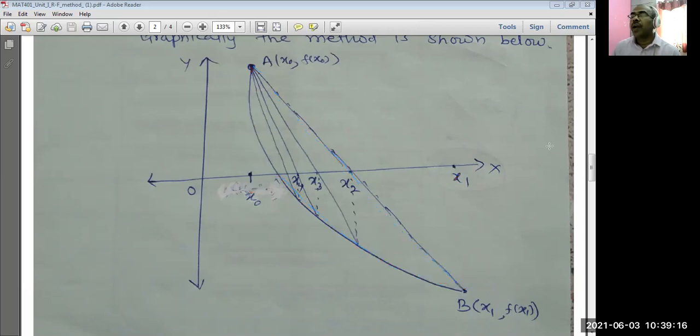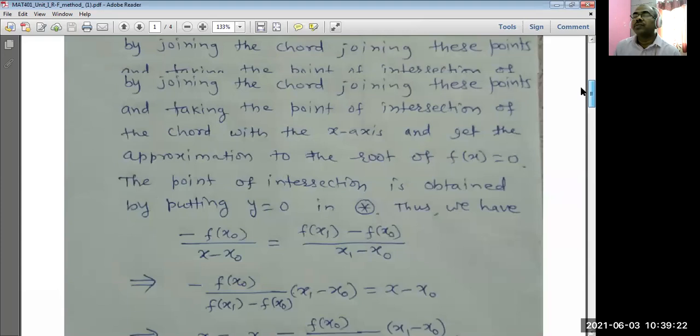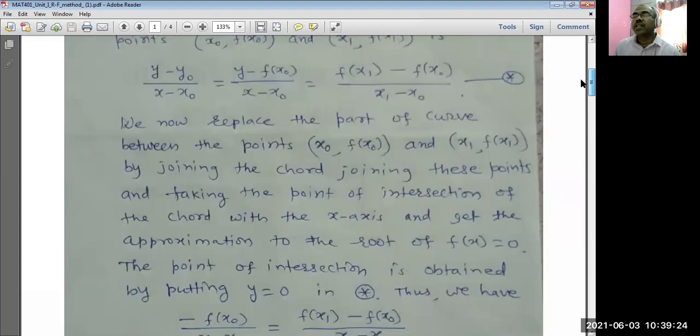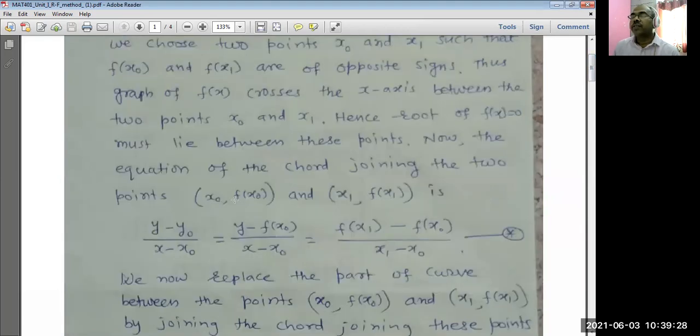Again, we go back here. So what is the geometrical construction here? We join the two points, which gives a chord, as shown in the figure. So how do you write the equation of the straight line which passes through the given points?